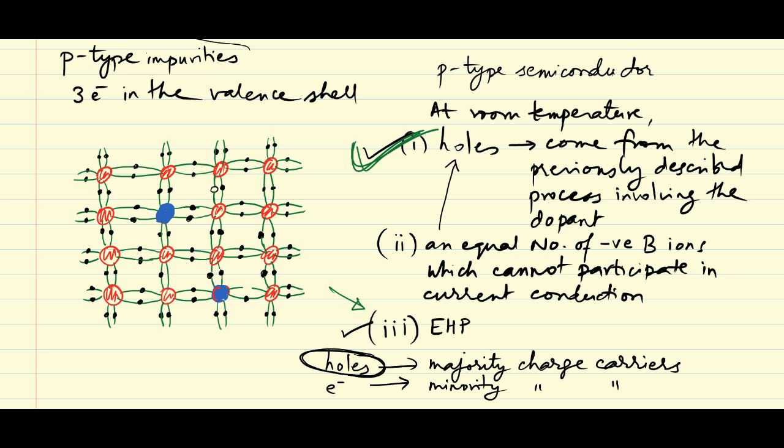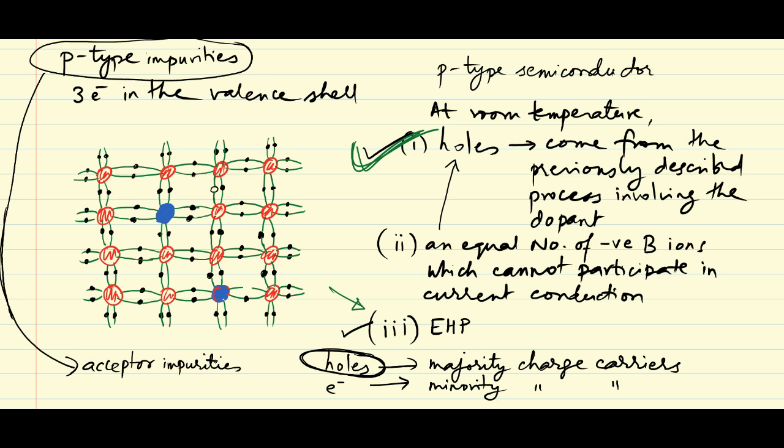Now these p-type impurities which we talked about are also called acceptor impurities. Like for example, boron over here is an acceptor impurity because it has accepted an electron to become a negatively charged ion. So just to complete the picture, I think I've left some things out. This over here is actually a negatively charged boron ion, so I'll just put a minus sign inside.